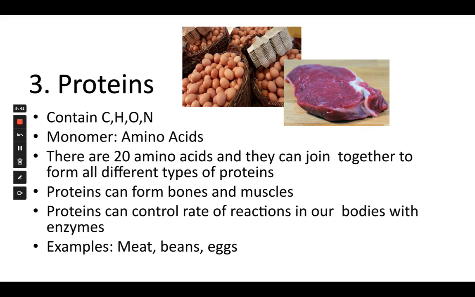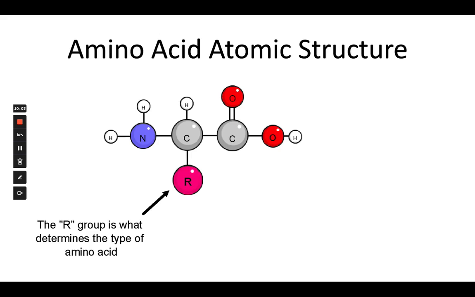The monomer is amino acids, and there are 20 amino acids that can join together to form all the different types of proteins. Proteins form bones and muscles. They control chemical reactions in our bodies. And examples of places we can get lots of protein in our diet would be meat, beans, and eggs.